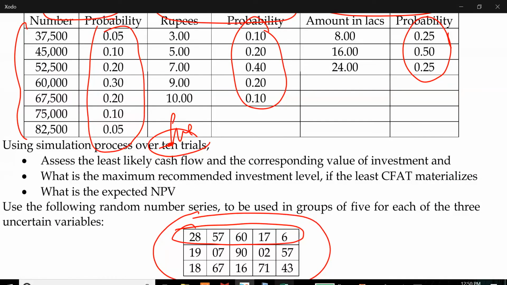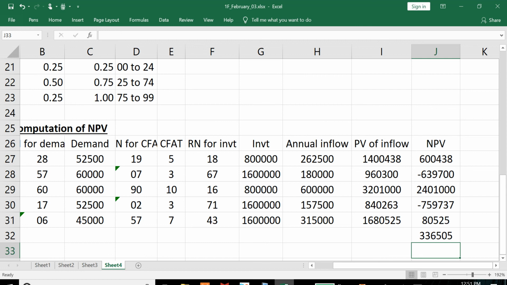Now let's look at the requirement of the question. Assess the least likely cash flow and the corresponding value of investment. Of those 5 experiments, which is the lowest one? Annual inflow first.